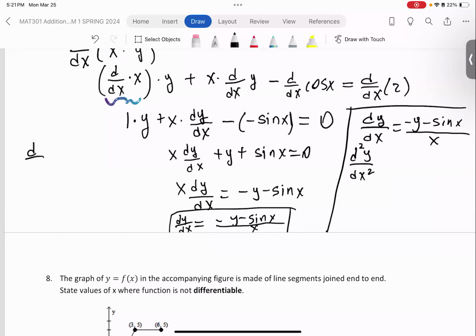Differentiating a quotient. Again, whether you use the ratio u over v or something else, we have the denominator gets squared, and then what's in the numerator? u prime v.